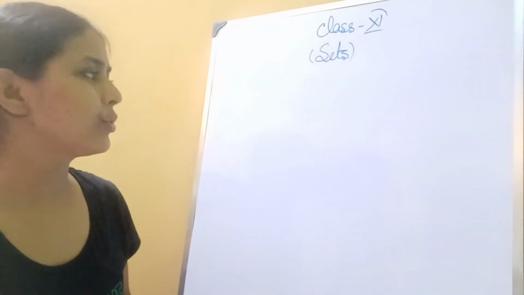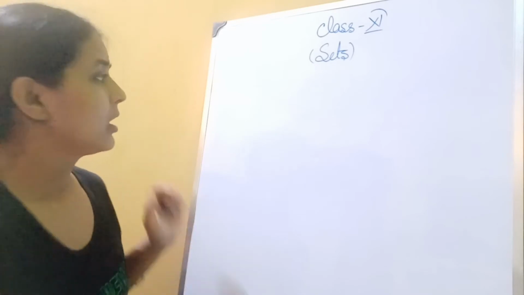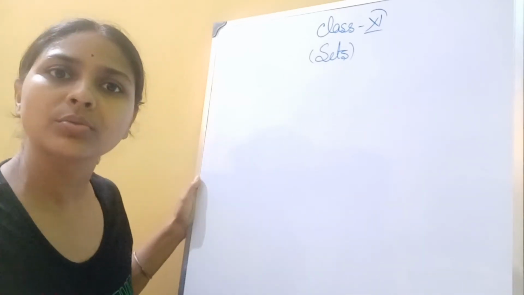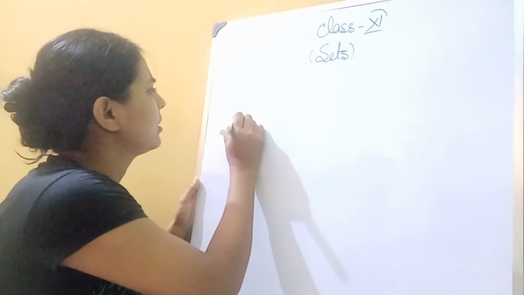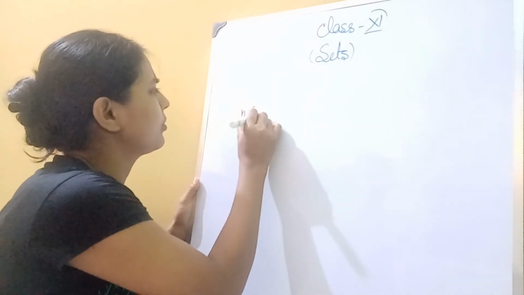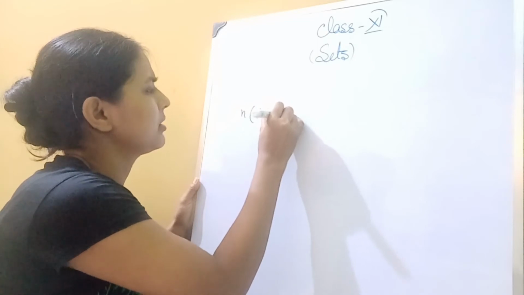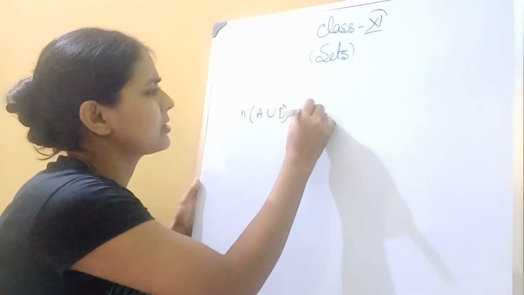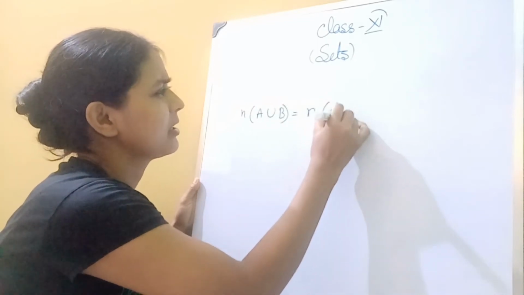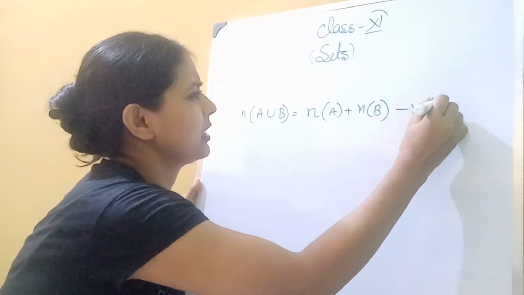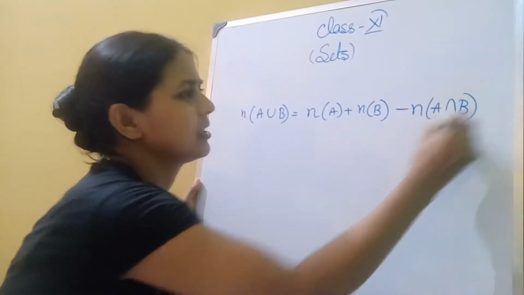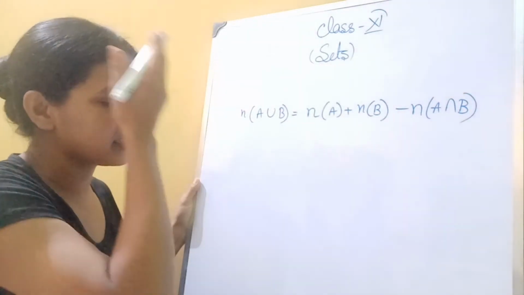Now before we go to the next question, I just want to write an extension of the formula. The formula you all know is n of A union B equals n of A plus n of B minus n of A intersection B. This we have already discussed.